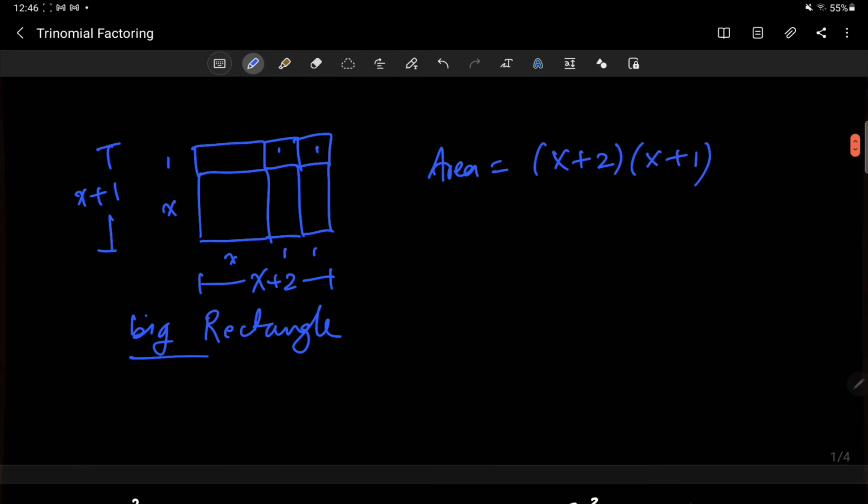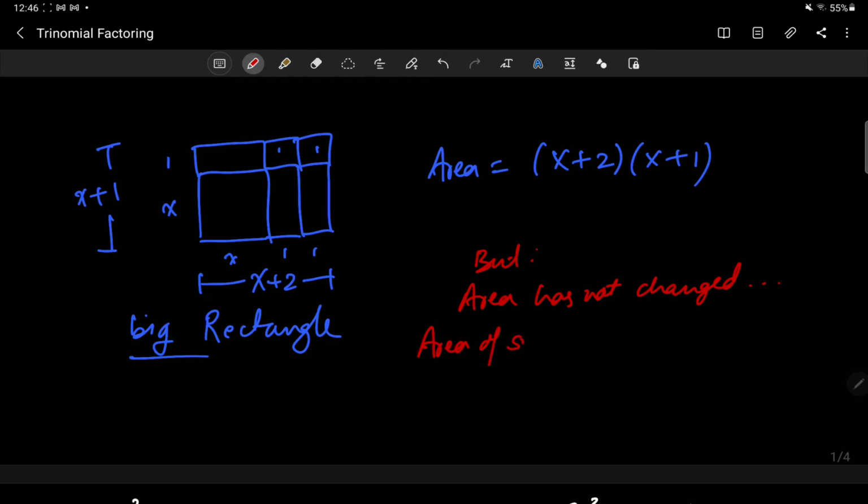But the area has not changed, meaning the area of the small pieces must equal the area of the new combined object.